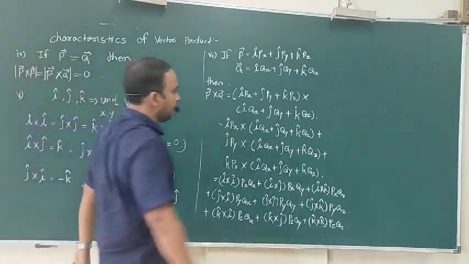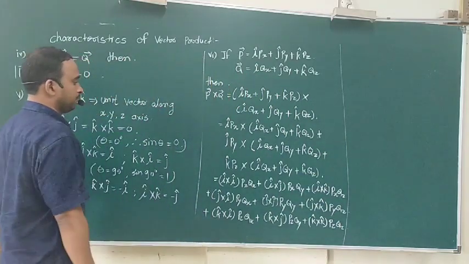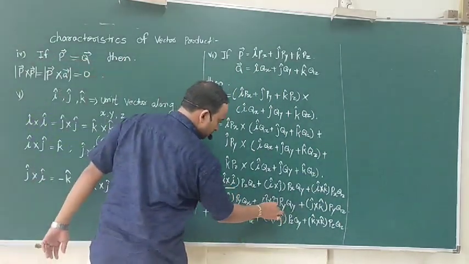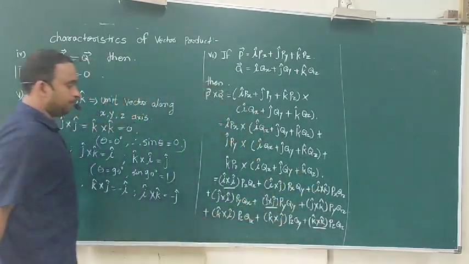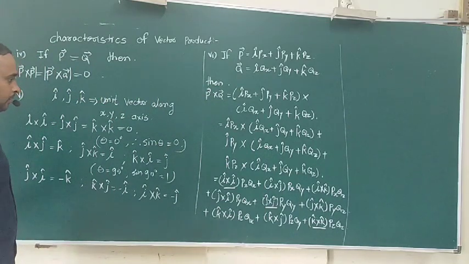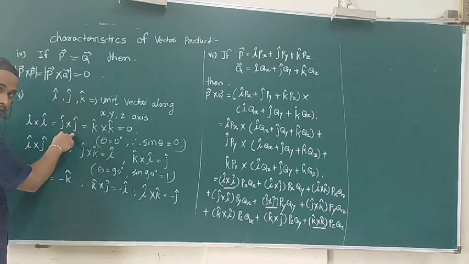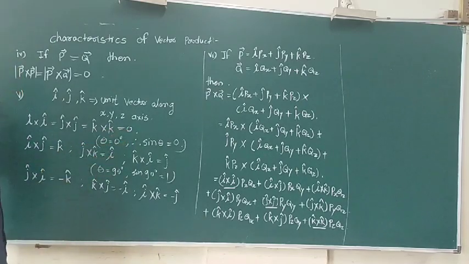Now see here, i cap cross i cap, j cap cross j cap, and k cap cross k cap. Now we use this property: i cap cross i cap, j cap cross j cap, and k cap cross k cap is equal to 0.